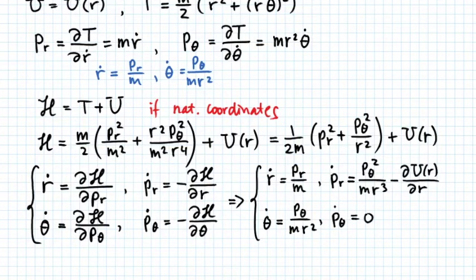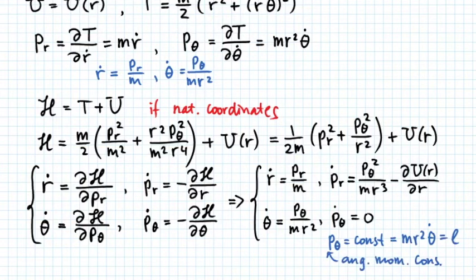Since the Hamiltonian does not depend on theta, we have a cyclic coordinate, and therefore p theta is constant. P theta is defined as m r squared theta dot, and we will give it a value L. This is, of course, angular momentum conservation.